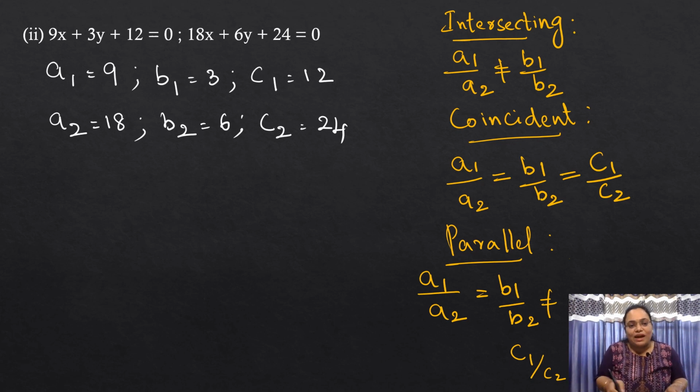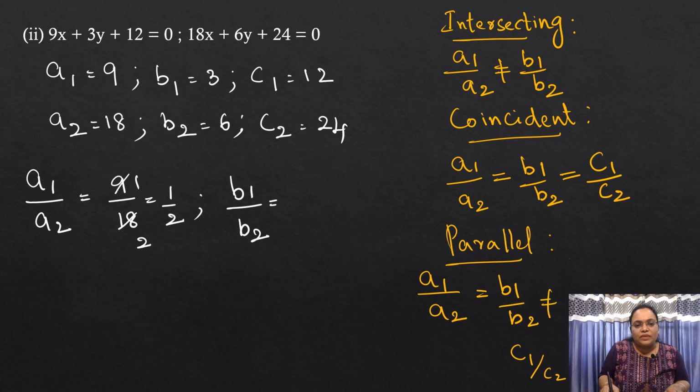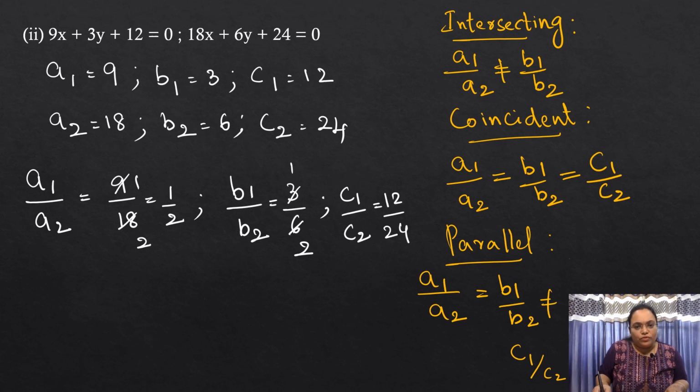Now let us quickly find the ratios. A1 by A2 is equals to 9 by 18, which is 1 by 2. B1 by B2 is equals to 3 by 6, which is also 1 by 2. C1 by C2 is equals to 12 by 24, which is also 1 by 2.